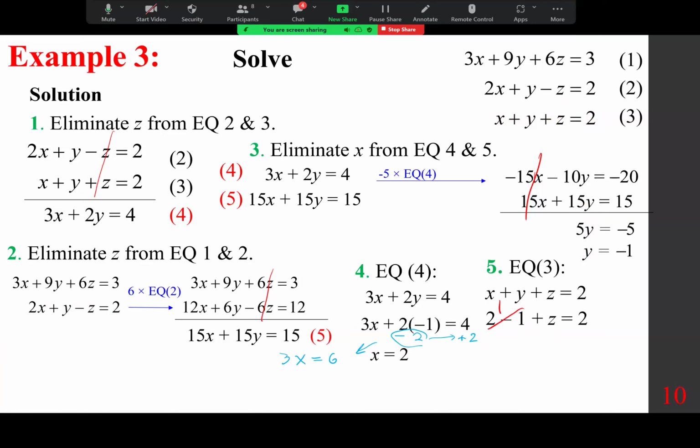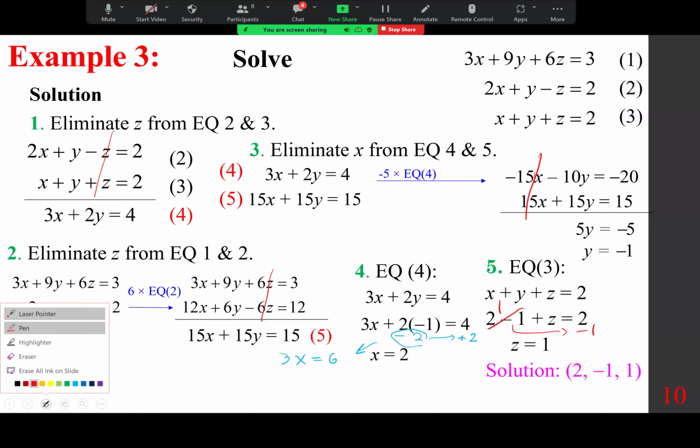This is 1. Subtracted, you get 1. And the solution becomes x, which is 2, y, which is negative 1, z, which is 1.